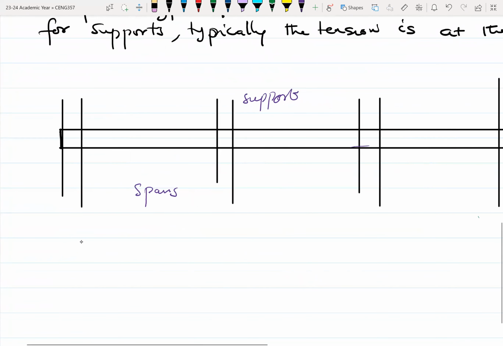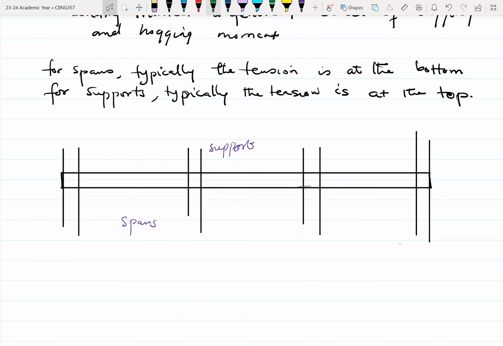So this is what we have. Let's say green is tension. Let me just use green for tension. Then let me use the red for compression. Okay. So what happens is that in the span area, the zone here is in tension.